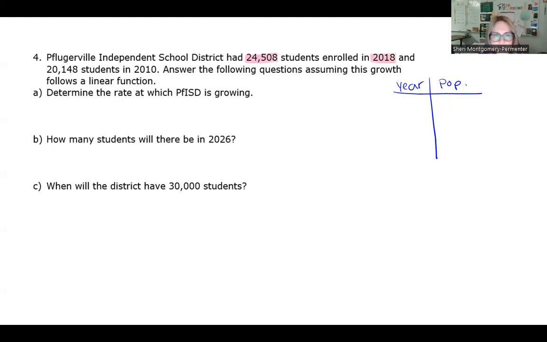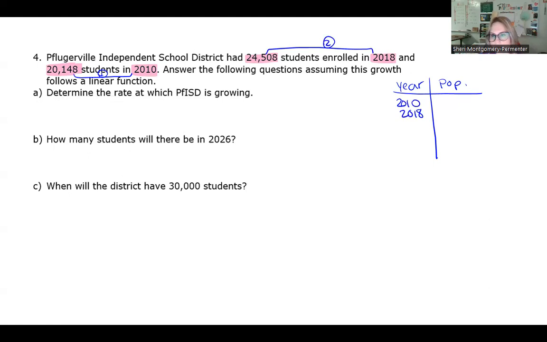And then it says in 2010. So we have to be careful because that one happens first, and then this happens second. So I'm going to put it in my table like that. We've got 2010 and then 2018.